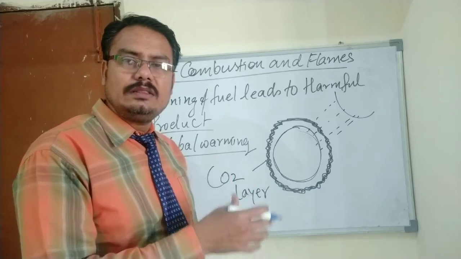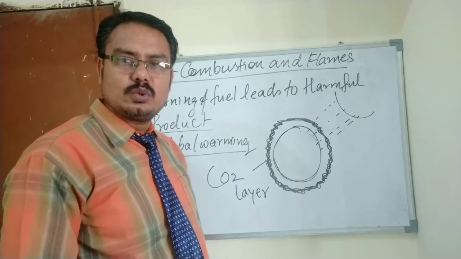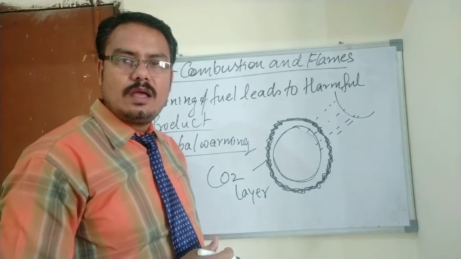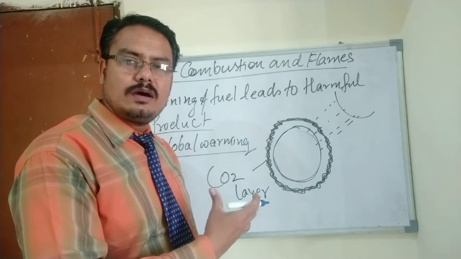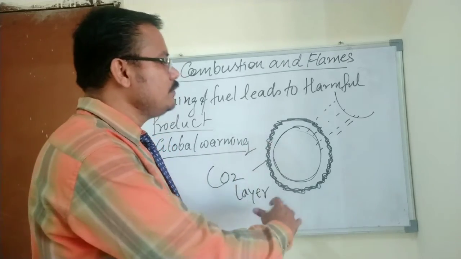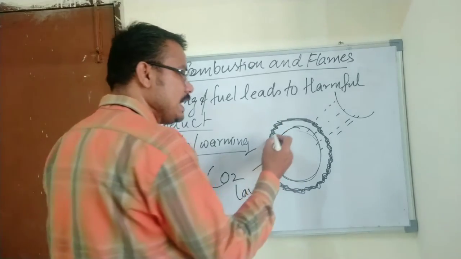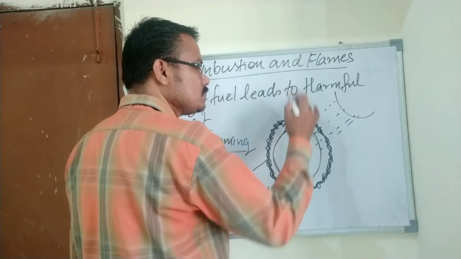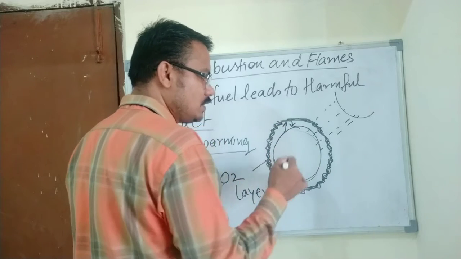It is not letting that warm air rise in the atmosphere so that the earth could become cool. Because this warm air is not able to cross the carbon dioxide layer, it returns back to the earth's surface.